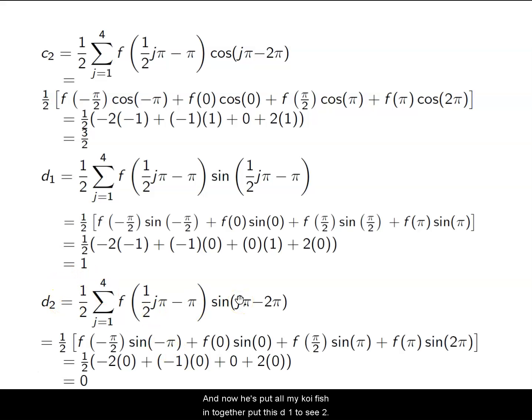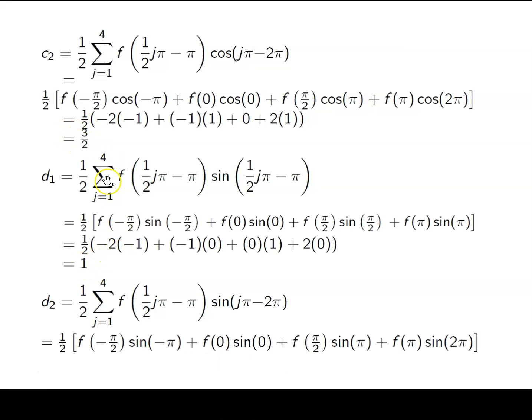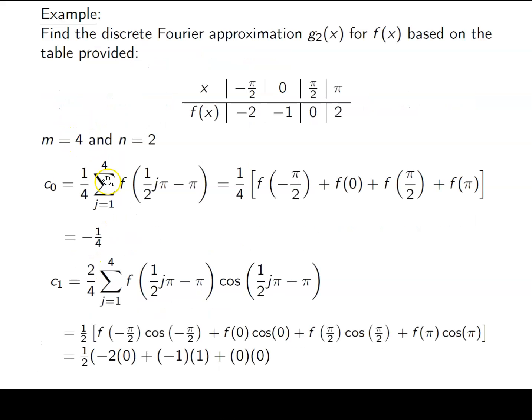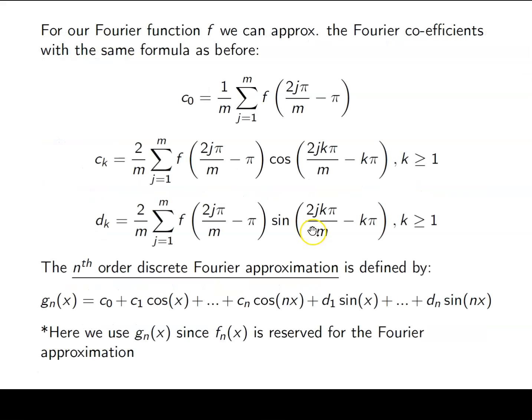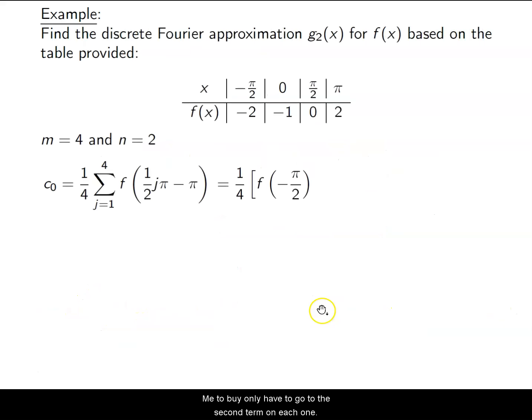Okay, and now I just put all my coefficients together. I put this D1, this C2, this C1 and this C0 that I have, all together into my formula here for G2. So I only have to go up to the second term on each one.